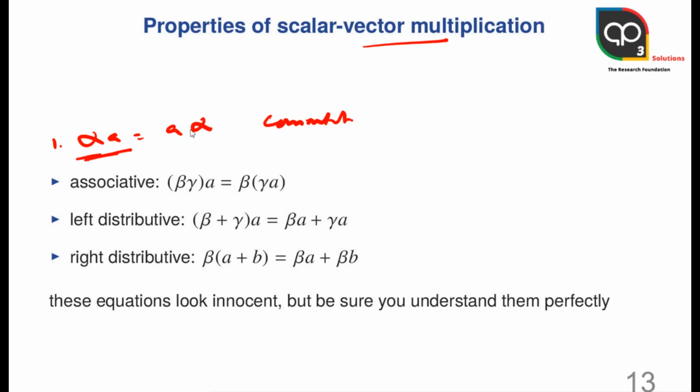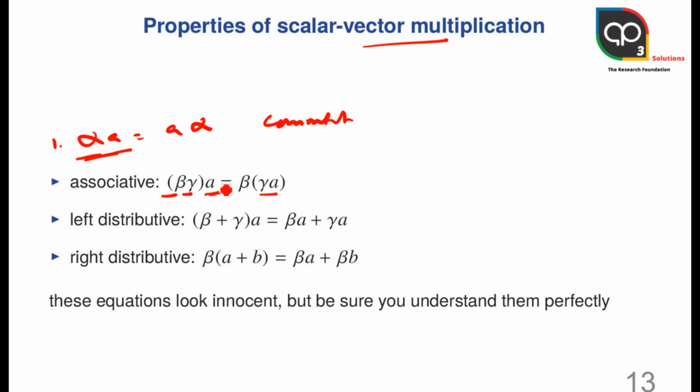Sometimes scalar multiplication obeys several other laws that are easy to figure out from the definition. For example, it satisfies the associative property. If A is a vector and beta and gamma are scalars, we have (beta gamma) into A, which is equal to beta into (gamma A).